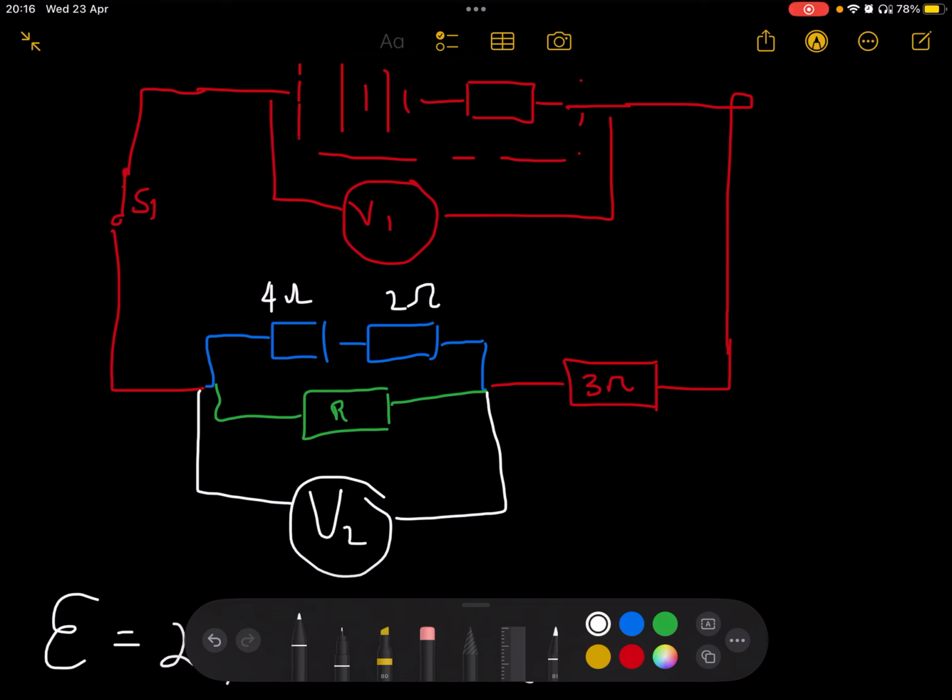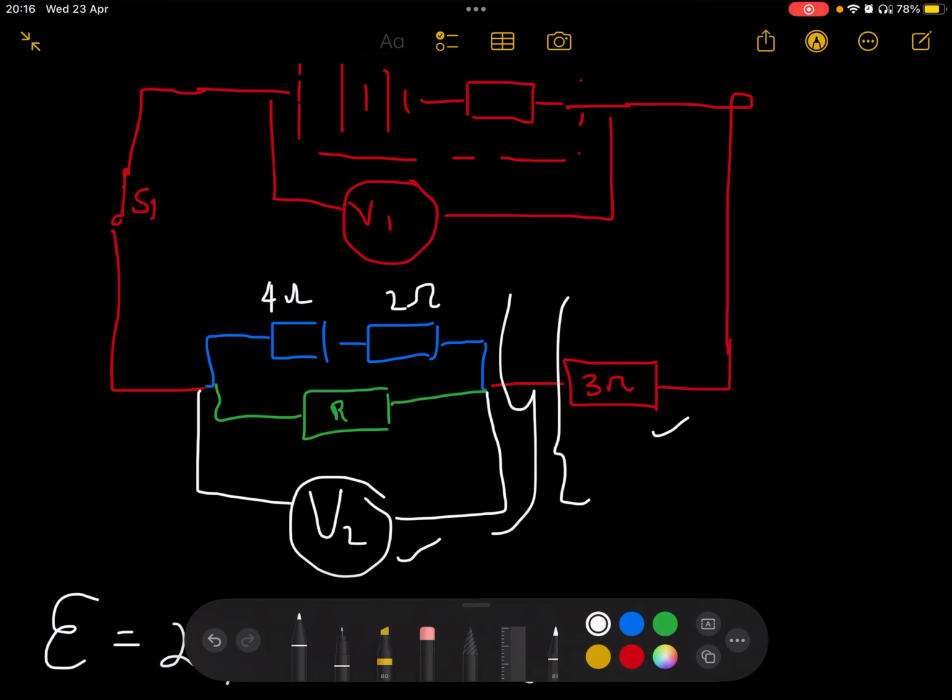The voltage external can be split up amongst the resistors in series, which means the parallel resistors are in series with the 3 ohm. So you'll have voltage here and you'll have voltage here.